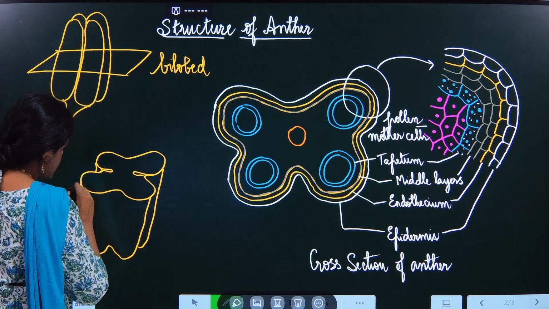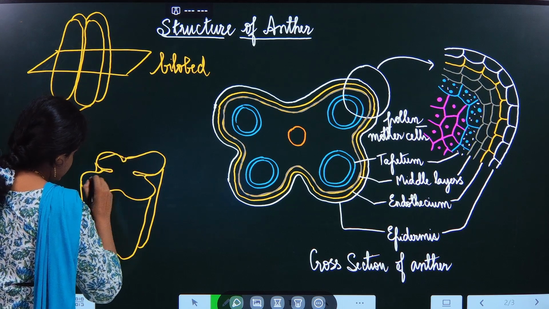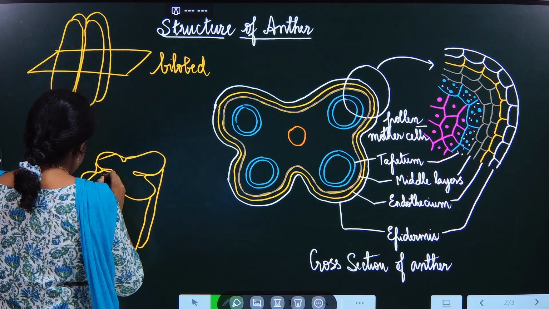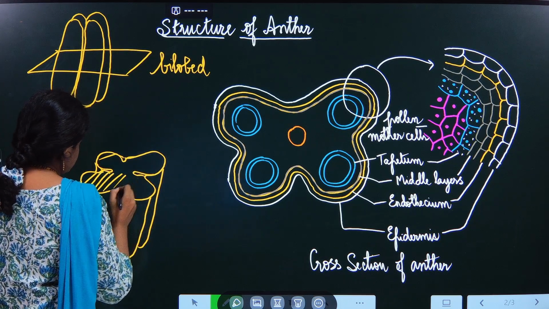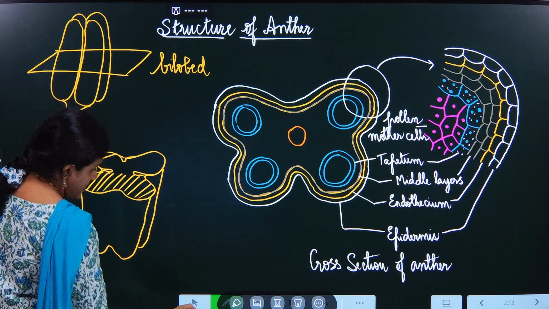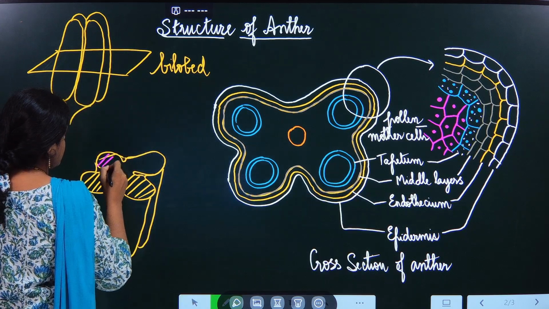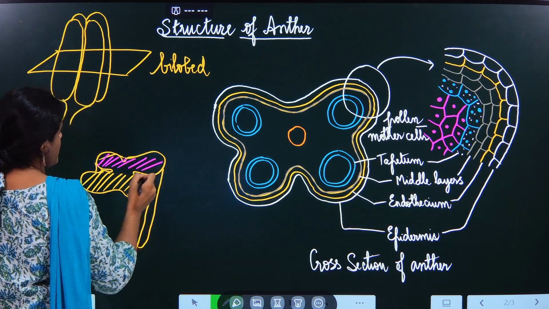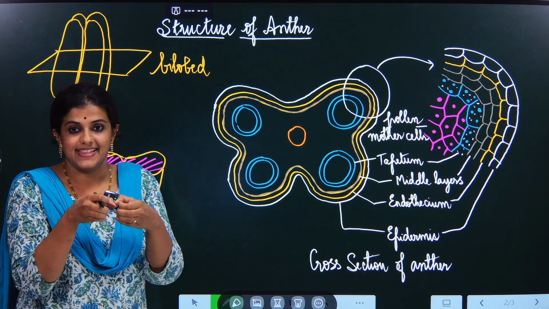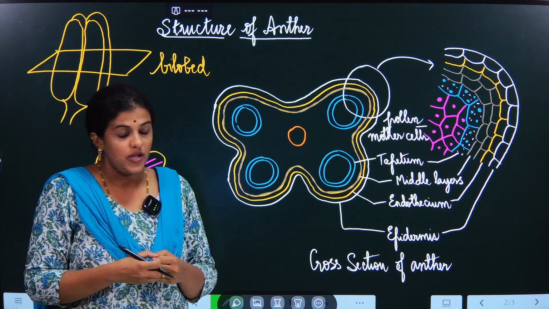One lobe is say this one, and I'll use a different color, and this is another lobe. So, you can imagine they are kept like this. So, this is one lobe and this is another lobe.